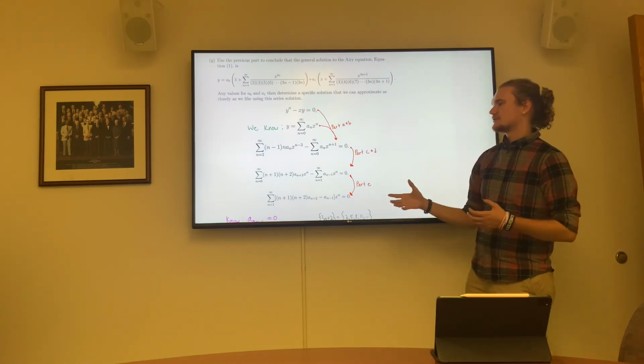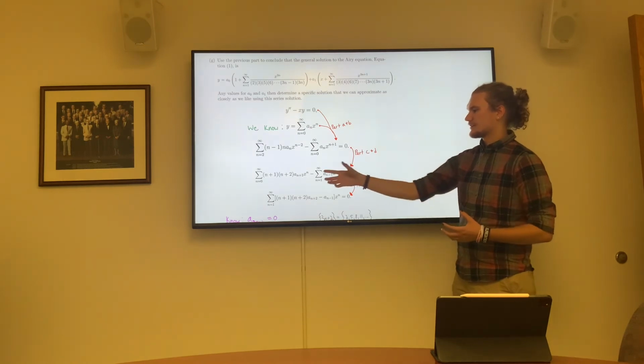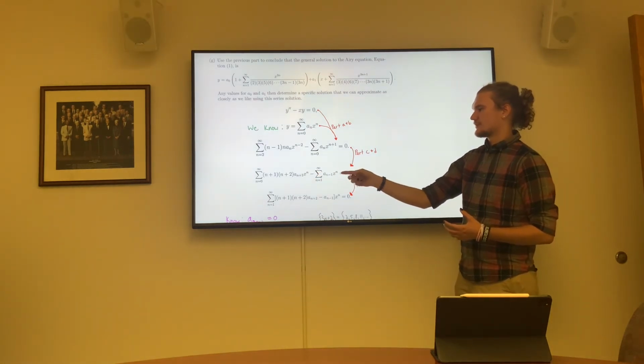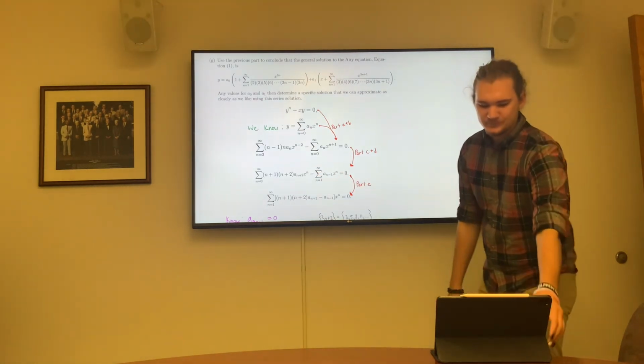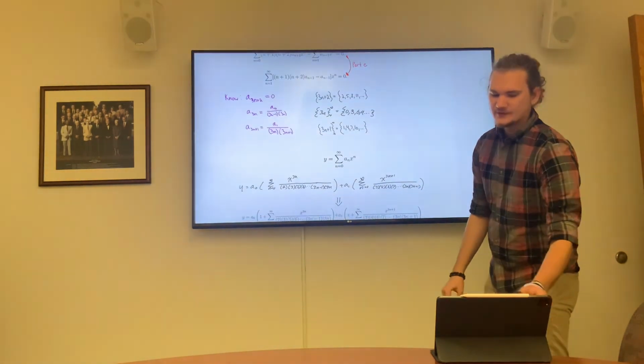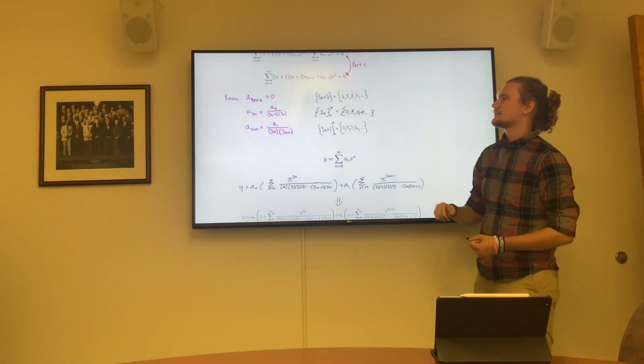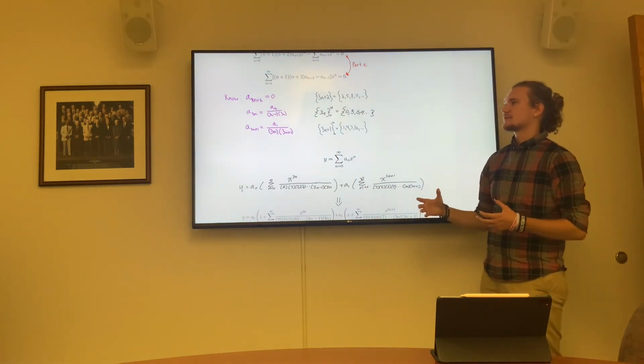And then we needed to change the indices of these in order to combine them with the x's having the same ordered power. We finally combined those all together in part E, and then in part F we needed to find all a values for this.